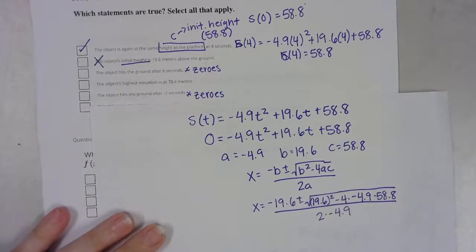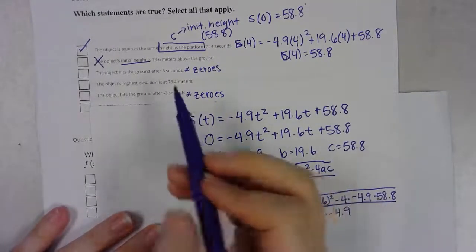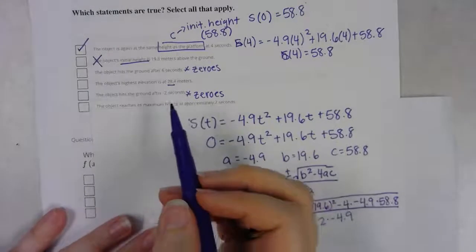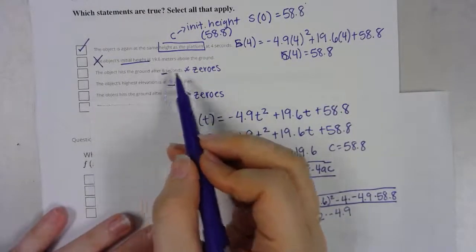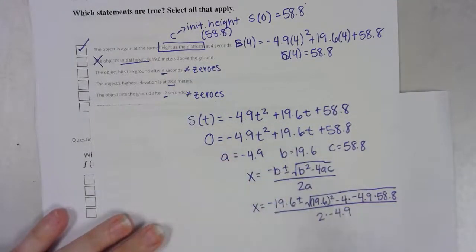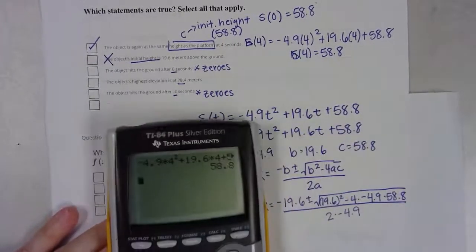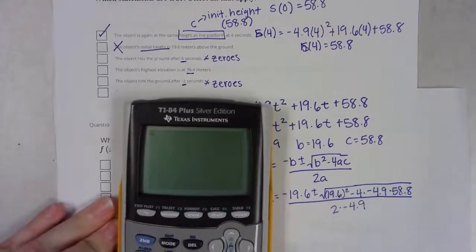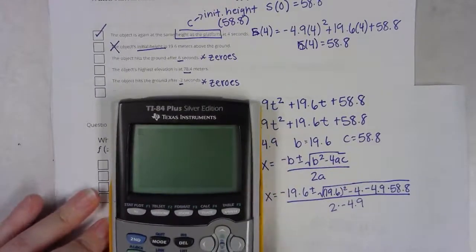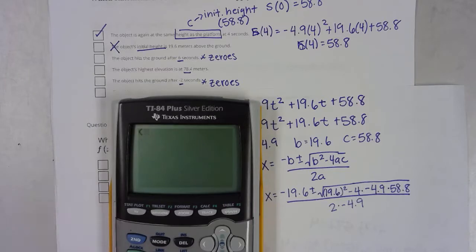Now, in this case, the answers are whole numbers: 6 seconds and negative 2 seconds. That means I could type this in all as one expression and be fine. But you need to be super careful about your negatives and your parentheses to group certain things.